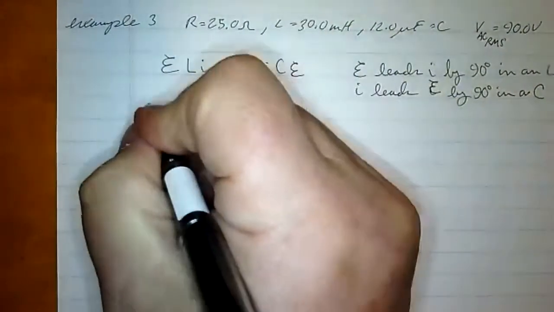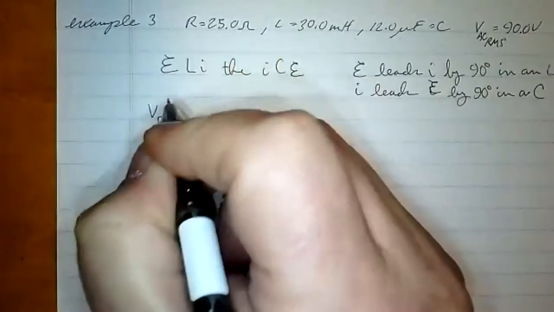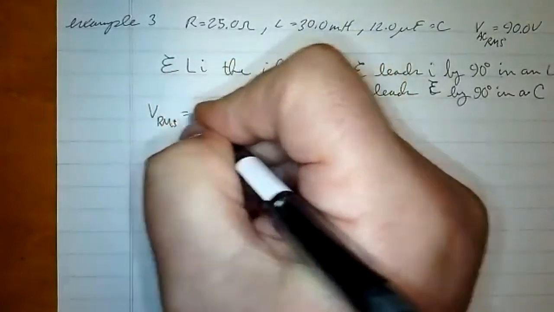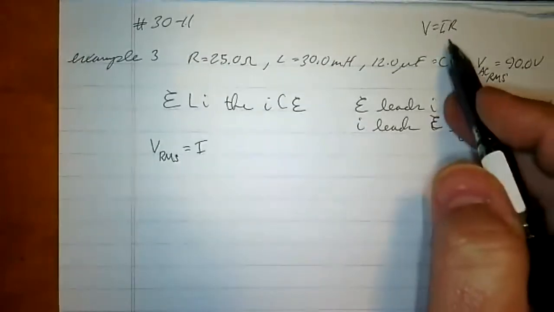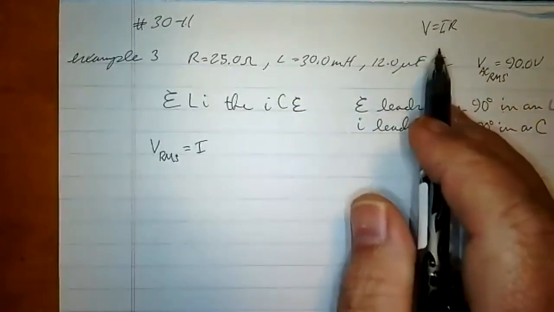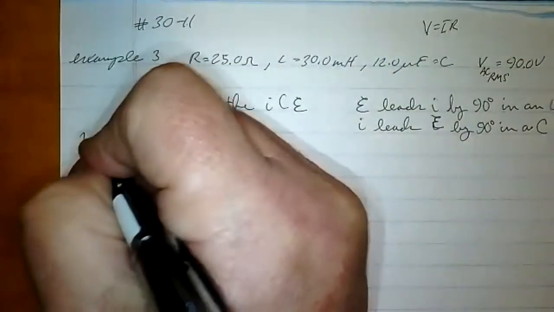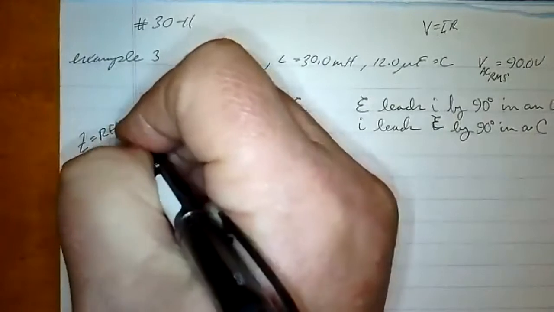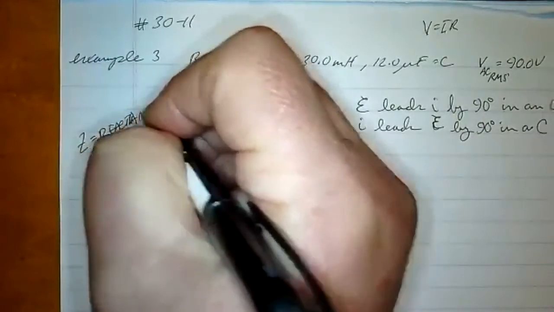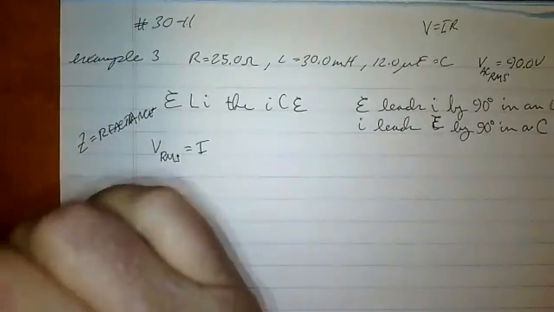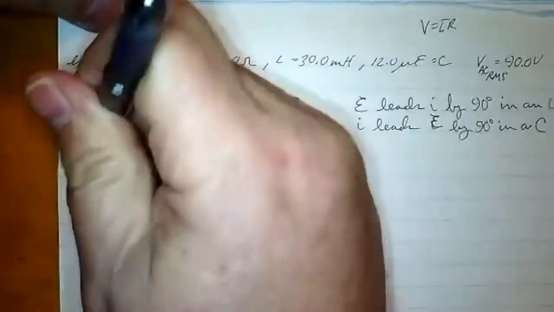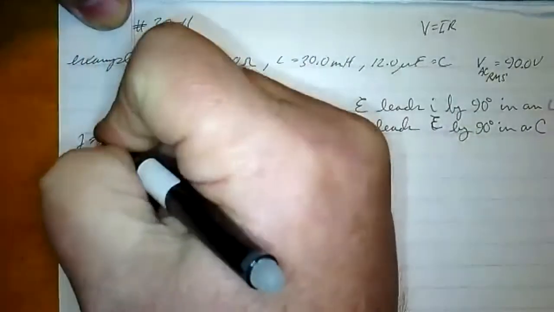Well, it turns out that V RMS is equal to I times, remember I said V equals IR? There's something equivalent to R that stands in for R for an inductor or a capacitor, and it's called the reactance. Z is called the reactance, and it's given a symbol, or excuse me, impedance. Sorry about that, I was jumping ahead of myself. Impedance.